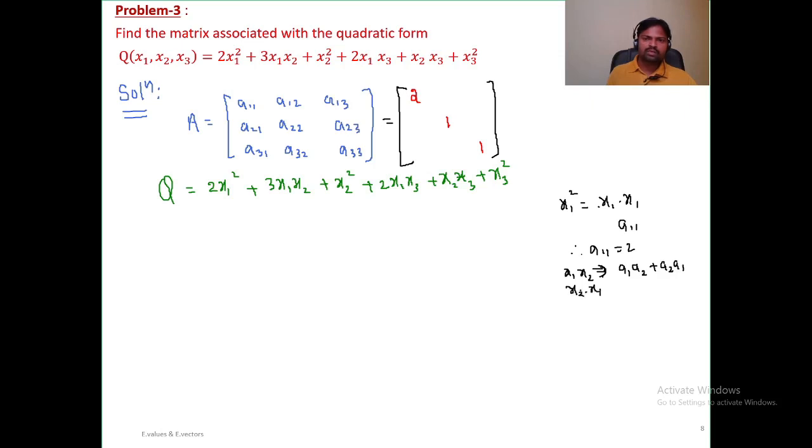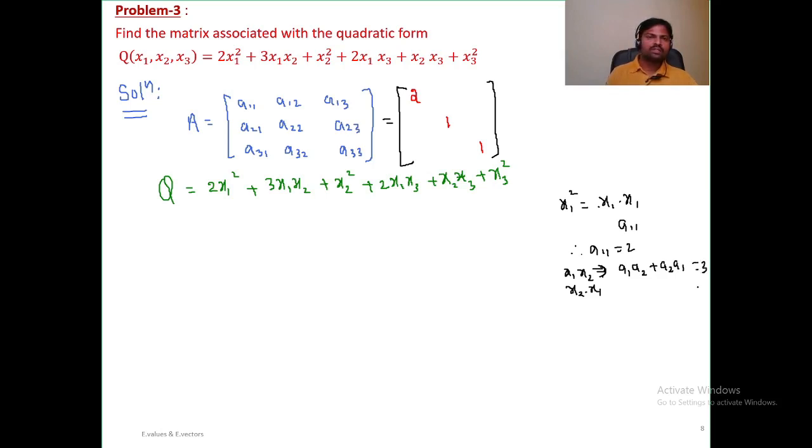That's why a12 plus a21. So before that, this value, how much here now? It is nothing but the x1 x2 coefficient. What is the x1 x2 coefficient? 3. So this value is 3.